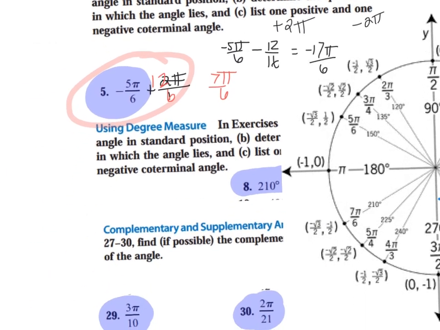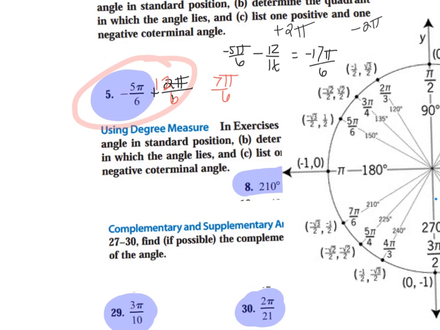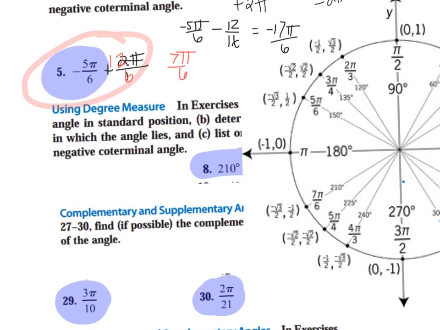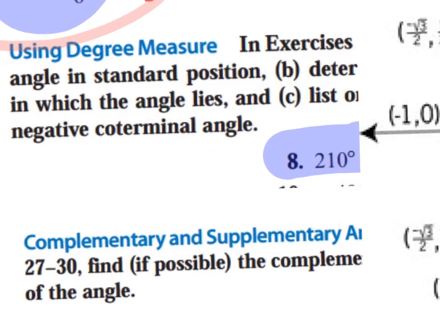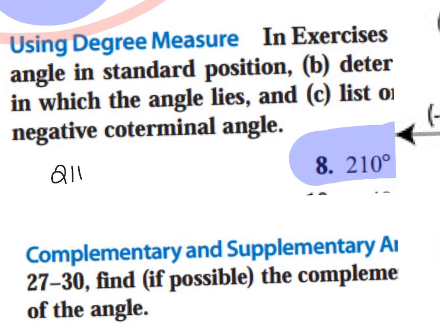So down here, I have the angle 210. What quadrant is 210 in? Third quadrant. How do you find coterminals for degrees? Plus and minus 360. So it's 210 plus 360 and 210 minus 360. Put the angle first.